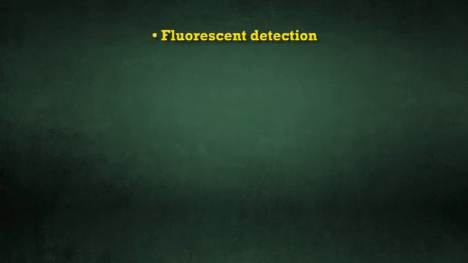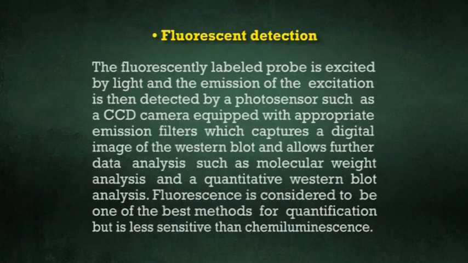Next, fluorescent detection. The fluorescently labeled probe is excited by light and the emission of the excitation is then detected by a photosensor, such as a CCD camera equipped with appropriate emission filters, which captures a digital image of the Western blot and allows further data analysis such as molecular weight analysis and quantitative Western blot analysis.